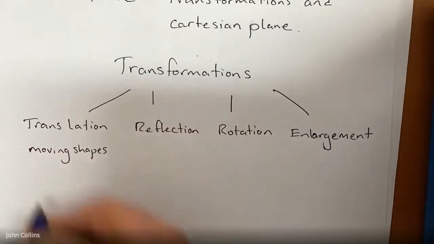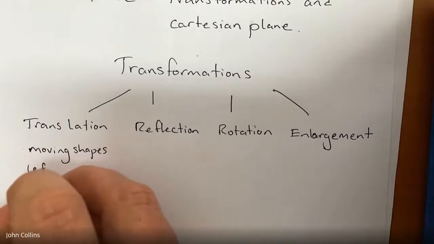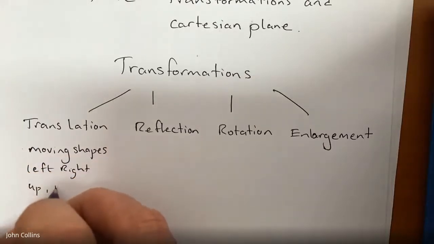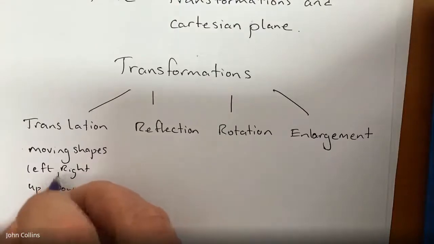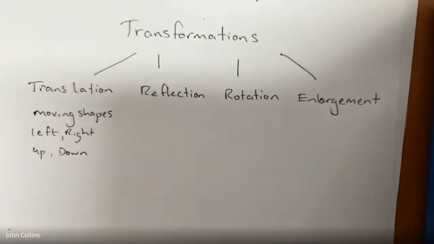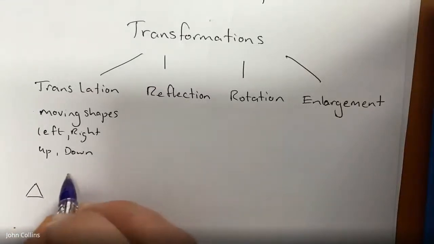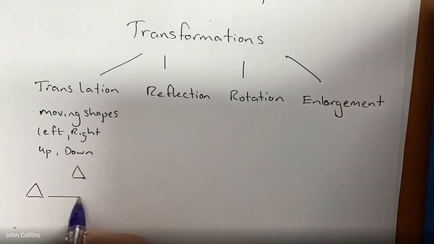And we move shapes left and right, and up and down. Okay. So a little sketch example of that is move that triangle to over here, goes right and up. That's a translation, it's called. You just slide it over and up.